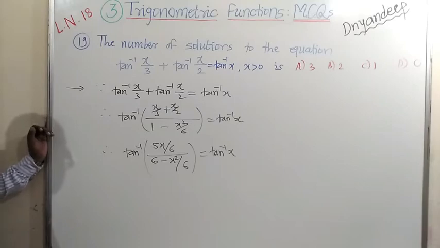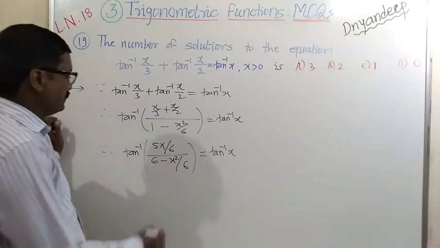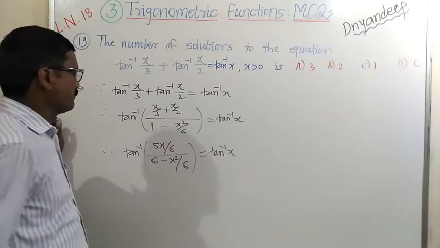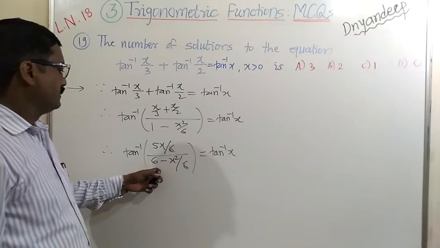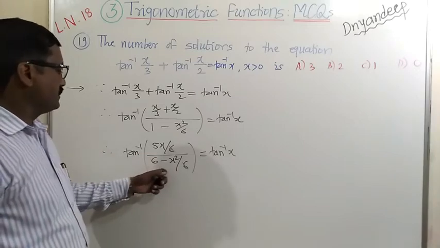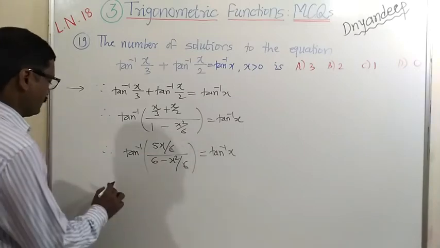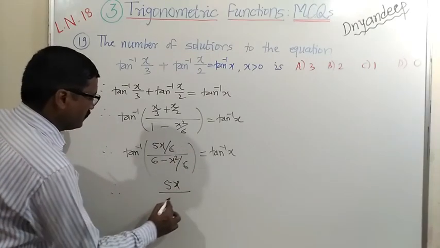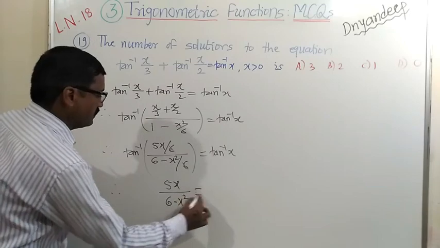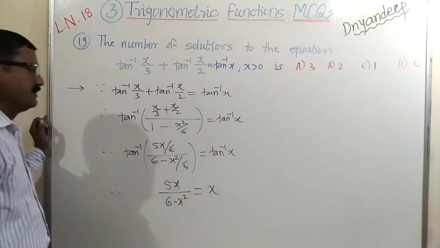Okay. As x is positive, cancelling this x, we get tan inverse of 5x upon 6 minus x square equal to x. And equating these two, we get 5x upon 6 minus x square is equal to x.